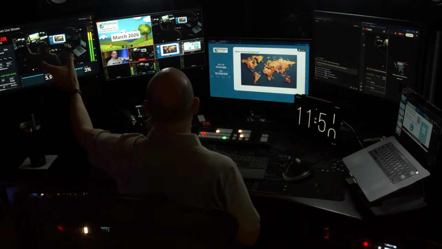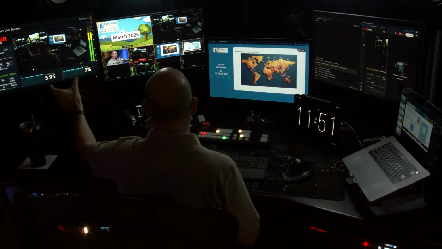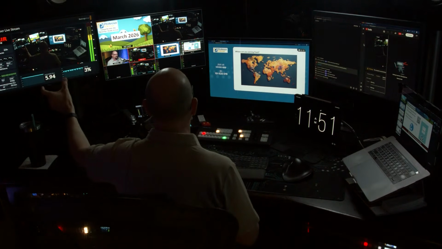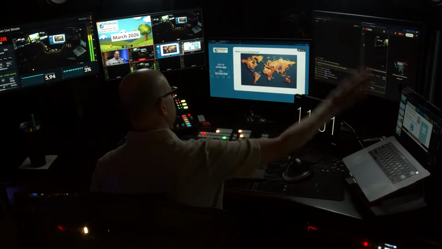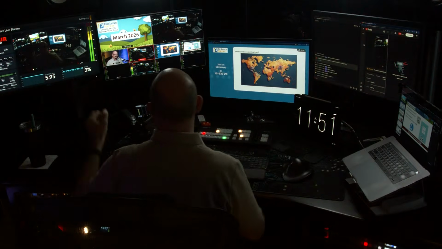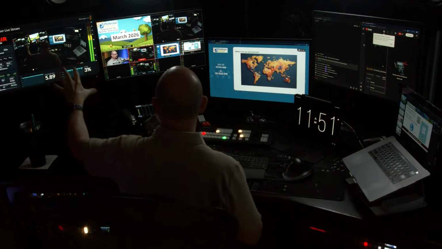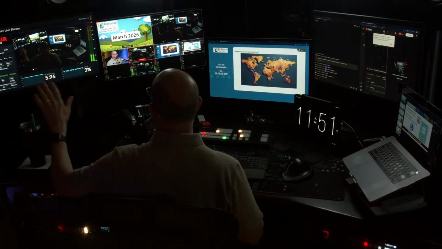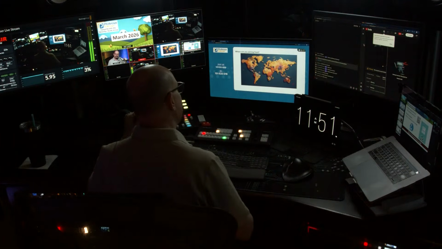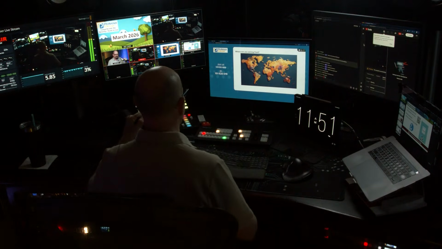This is what I monitor to see how the streaming is going. It takes the video and sends it to YouTube, and then YouTube takes it from there. This morning I turned it on and it started flickering, and then it went black. I thought, well, that's not normal. That's not what you want.